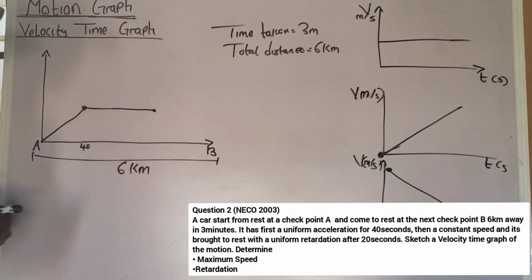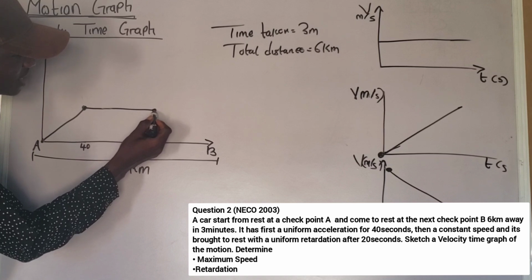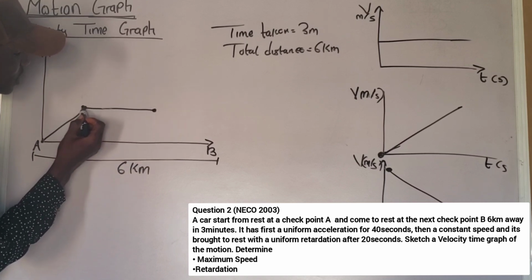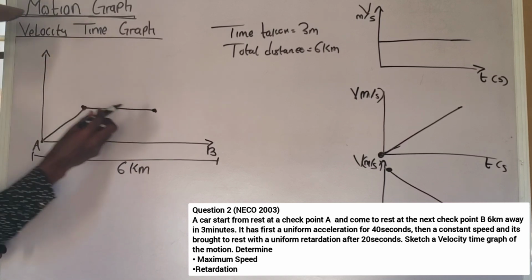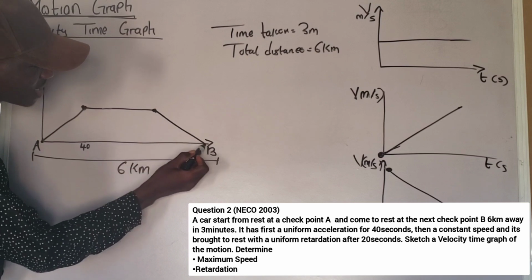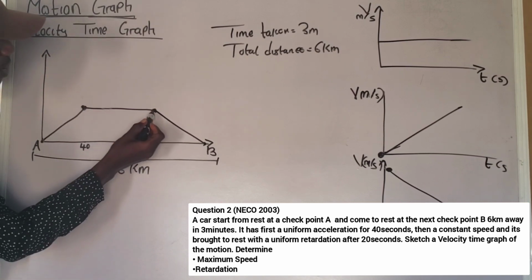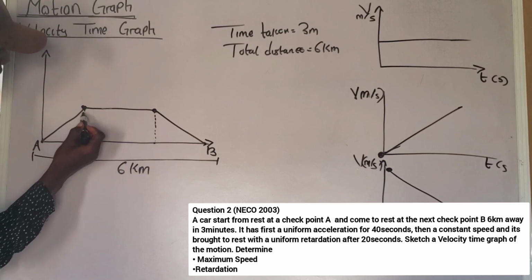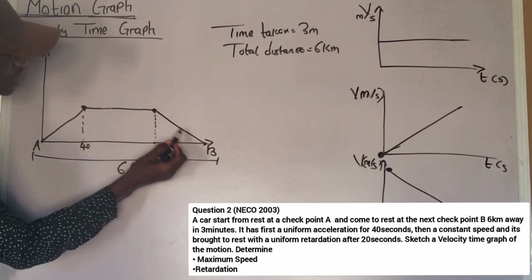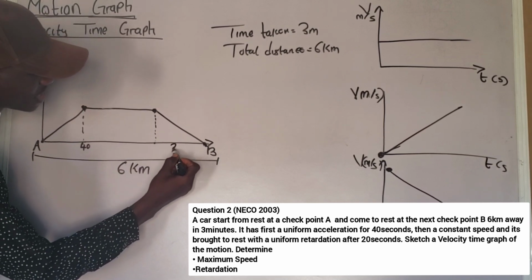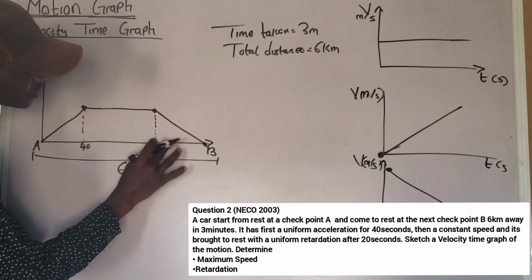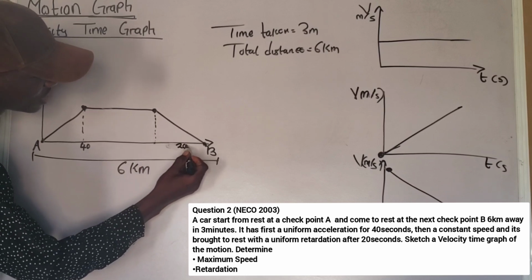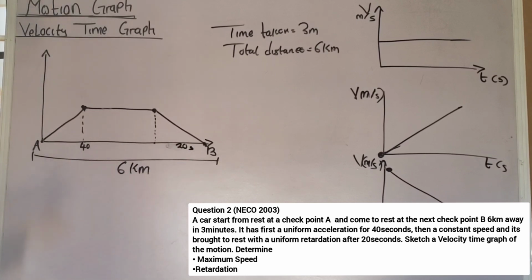That means that after traveling from this point to this point with a constant speed, it is now brought to rest. The time between this point and this point is 20 seconds.